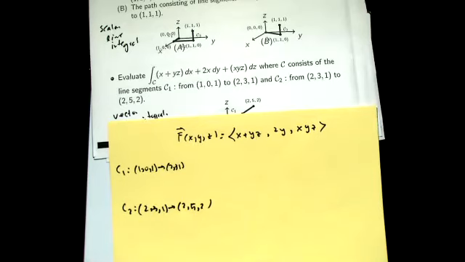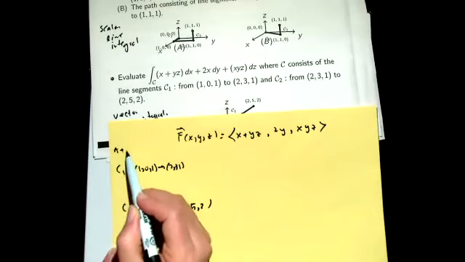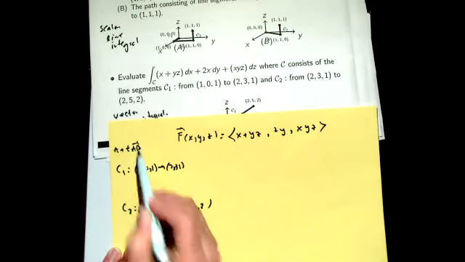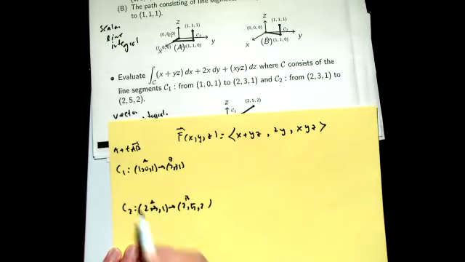Again, I'm using the same time because it's a line segment, that's the formula that I use for it. What is the formula? The formula is A plus TAB. Here A, here B.